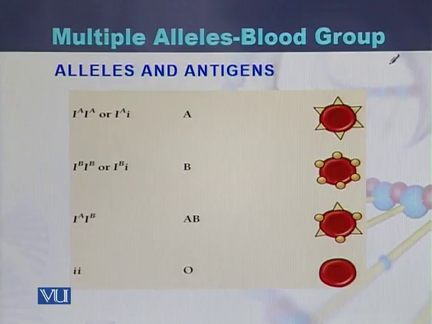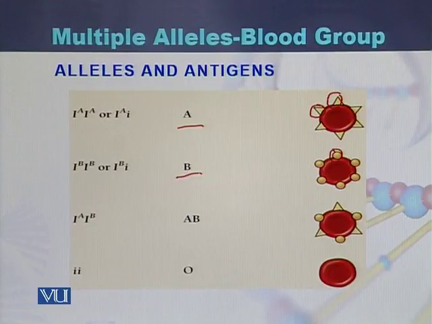In case of the first blood group, blood group A, the antigens, if we mark them with triangles, are in the form of triangles. In case of allele B, on the surface of the red blood cells there are antigens called antigen B, and antigen B can be marked as circles.